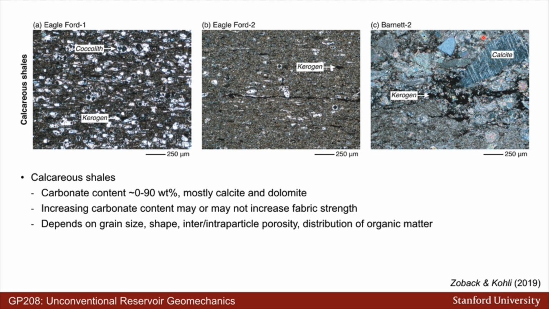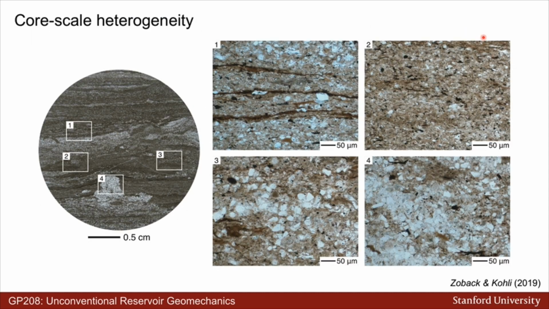Again, because the sources of these carbonates can be quite different between different reservoirs, and even within individual reservoirs like the Eagleford, differences in the processes of burial and either dissolution or reprecipitation can create big differences in the mineral structures.